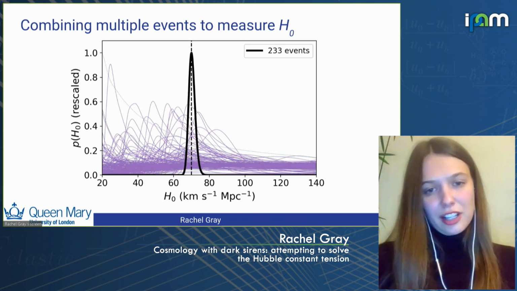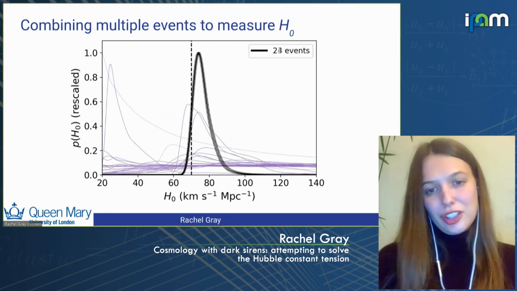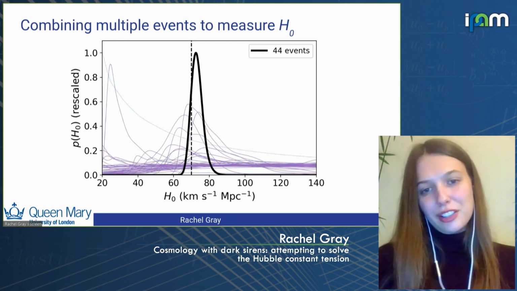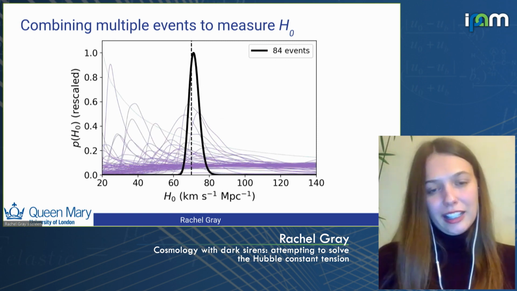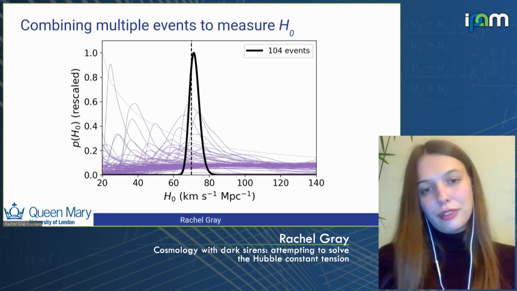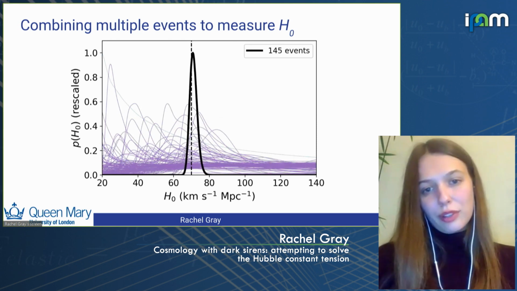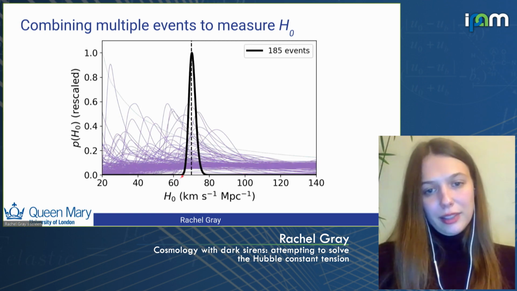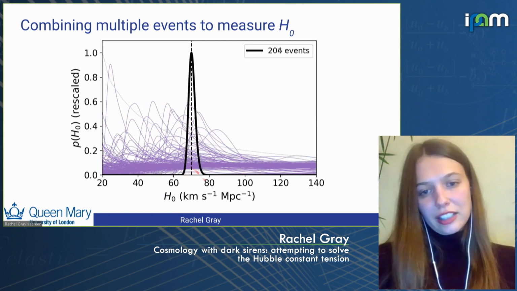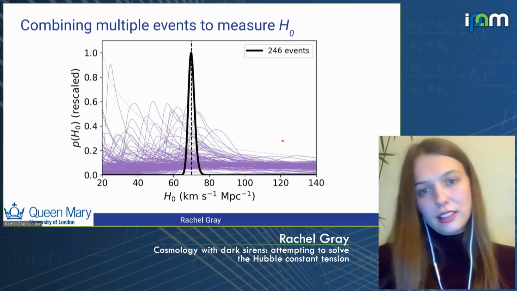And I think this is just a nice demonstration of how the constraint on H0 changes as you add more events to it. It narrows very quickly at the beginning when you get a few loud events that are quite constraining. And then as you add more events over time, it narrows and moves a little bit around the injected value of H0, but never becomes inconsistent with it.